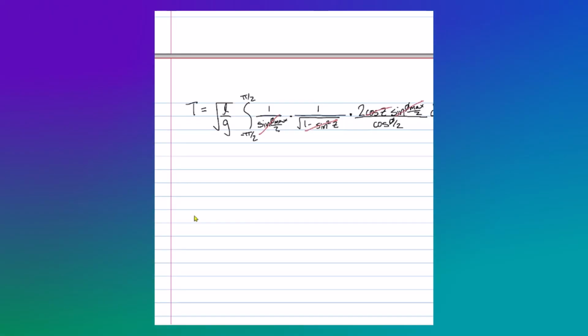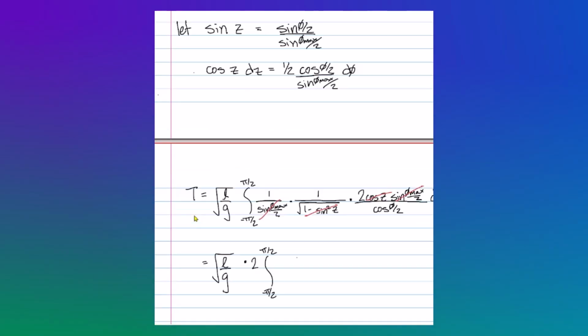Now, a few things will cancel out. So we're left with root L over g times 2 times the integral from negative pi over 2 to pi over 2 of 1 over the square root of 1 minus sine squared phi max over 2 times sine of z squared.